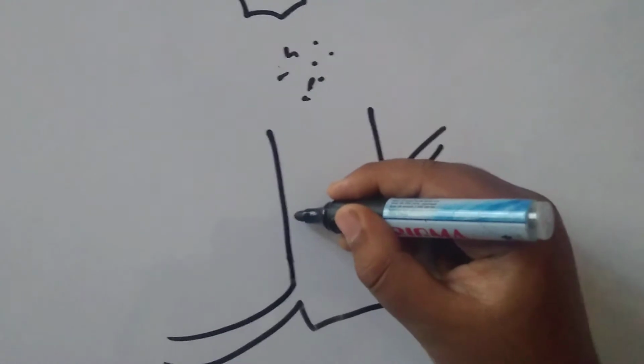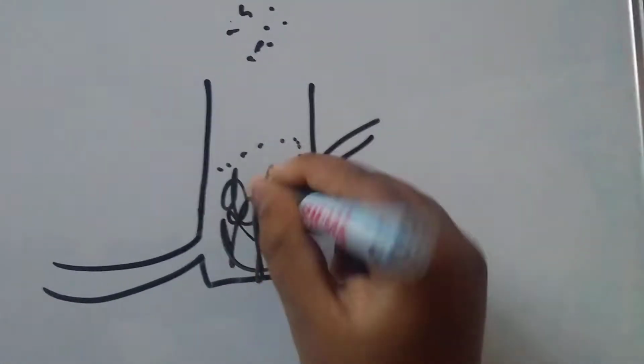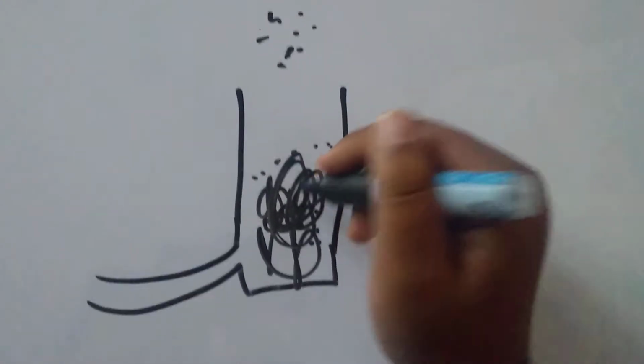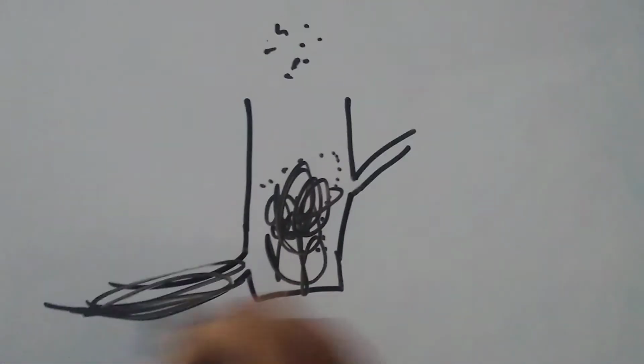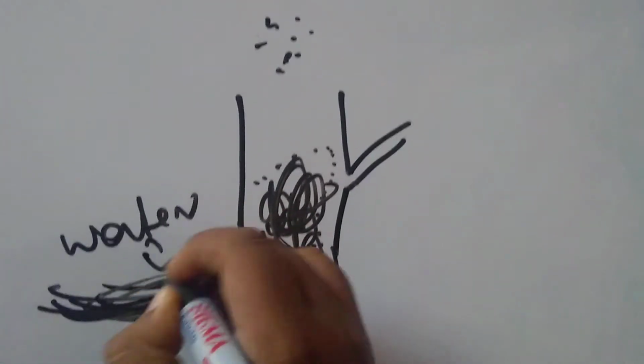Here, the crushed hematite ore is filled, and this hematite ore is washed with a stream of water.